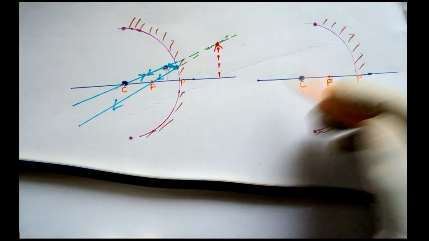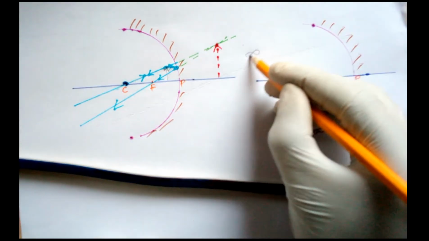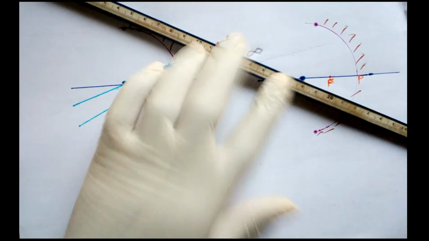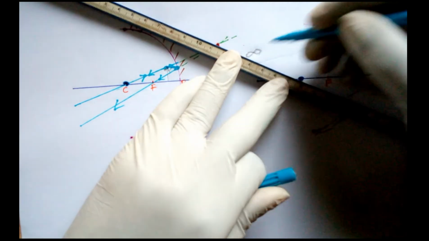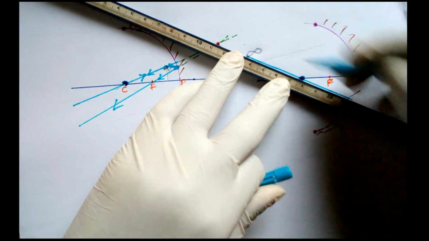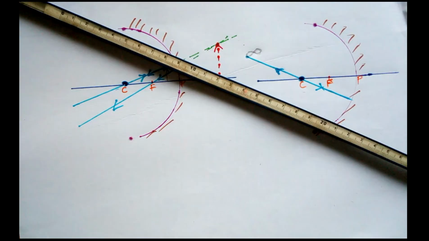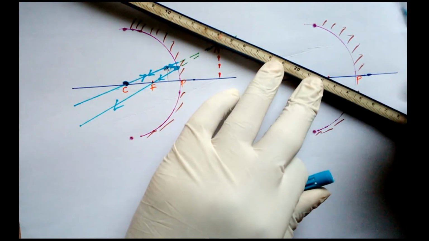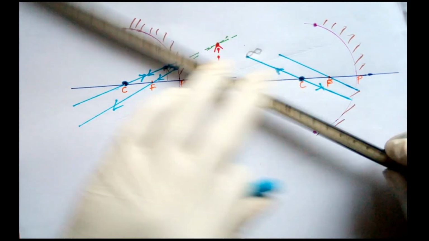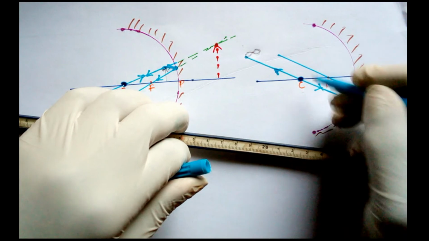So what happens when the object is at infinity? If it's at infinity, we'll consider this. First, the ray will come through the center and go back along the same path. Secondly, the other ray will come through F and become parallel to the principal axis, or vice versa.